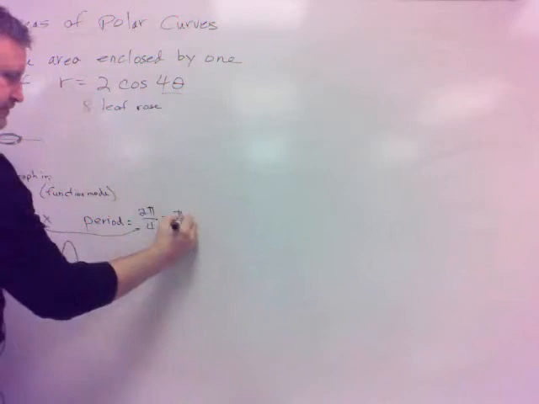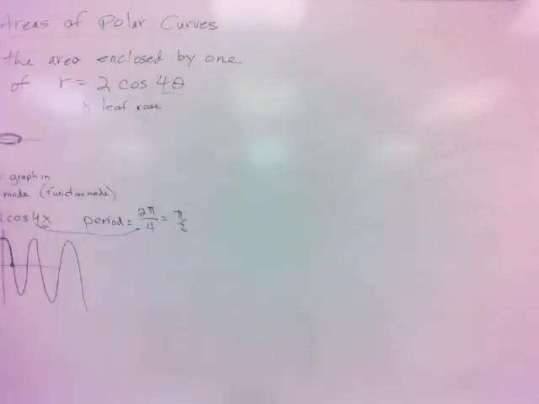Period's pi over 2. And the way I used that when I was graphing these is I used that to divide that up. So one period is pi over 2, so one period is one cycle. So if I go from this all the way to there, that's one cycle. So that's pi over 2 right there.